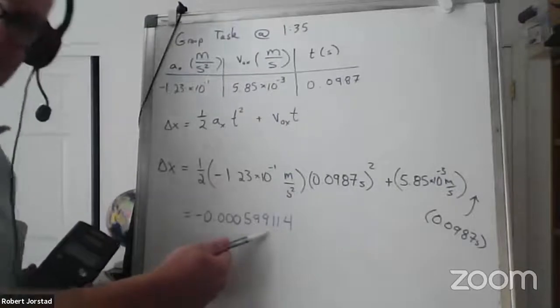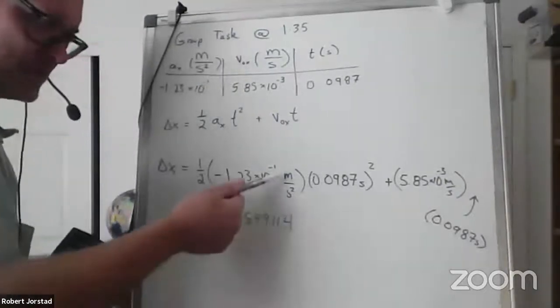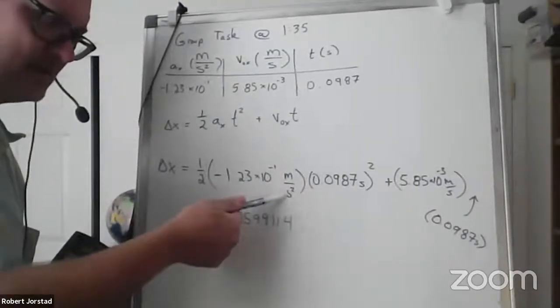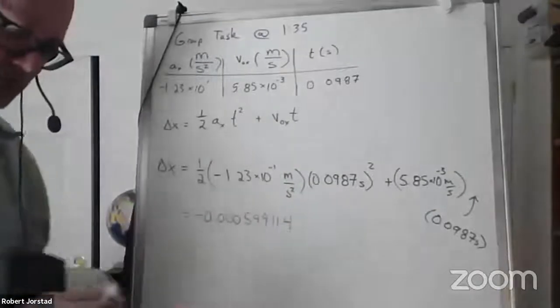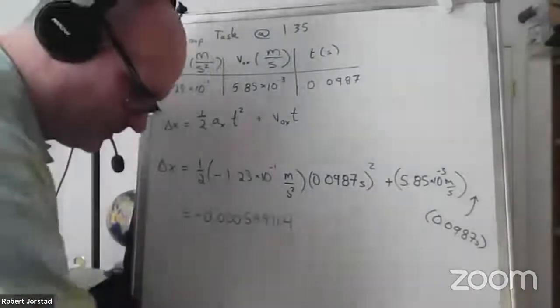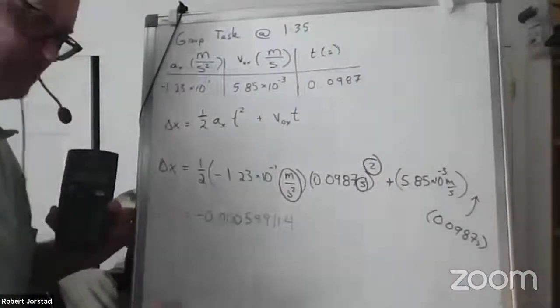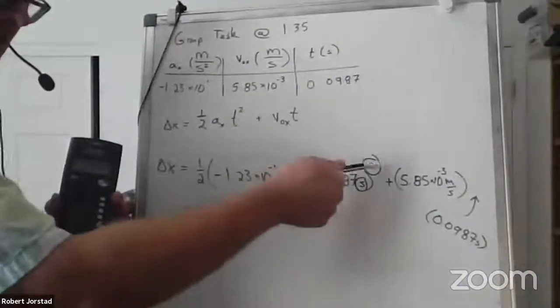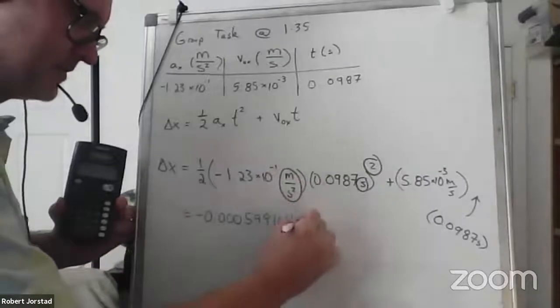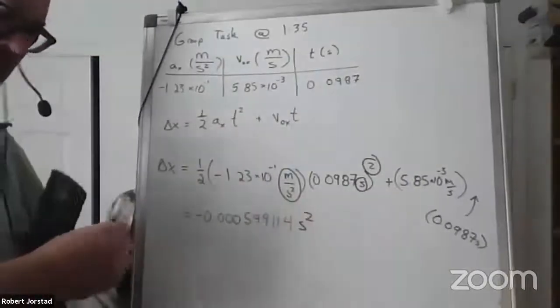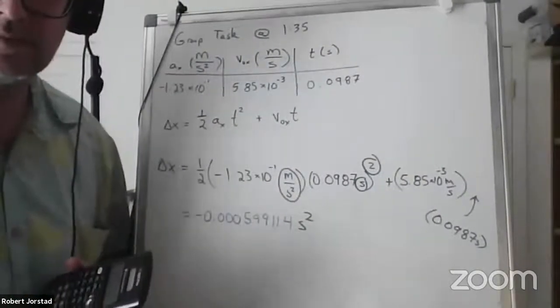What units should be on this term? This one is meters per second squared. This is seconds squared. What should be left? Meters per second. Meters, because it's seconds squared. Do you see that? So seconds get squared as well as the number. Did everybody get that number in your calculator?